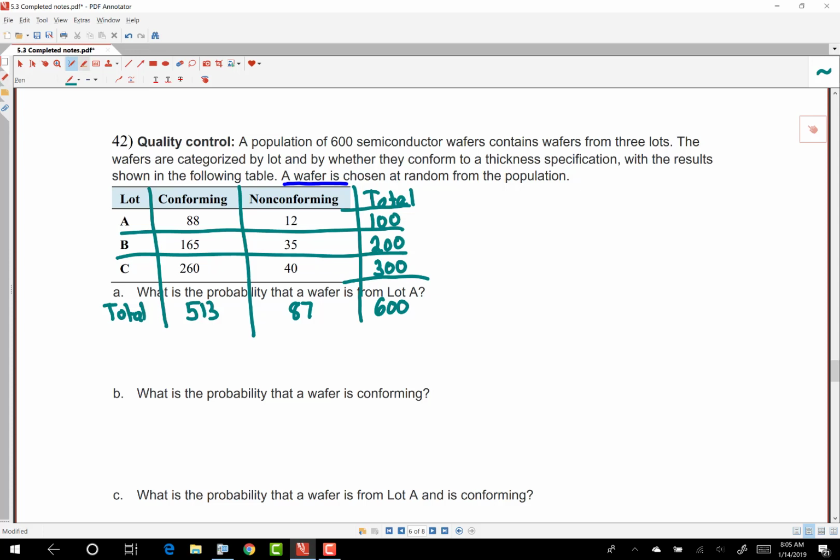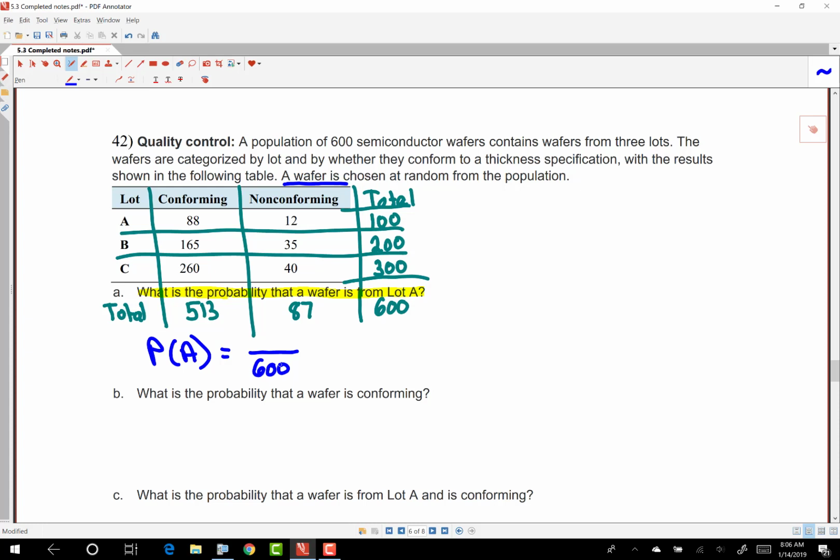So if you can read between the lines here, we want to answer this question. What is the probability that the wafer is from lot A? Okay, so I'm not given any conditions or anything. I'm just looking for the probability that a randomly selected wafer came from lot A. So the bottom number is the grand total because we're not given any conditions.